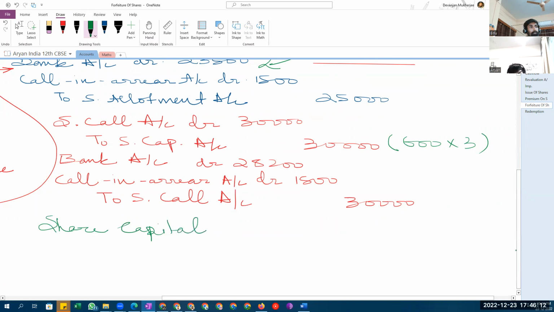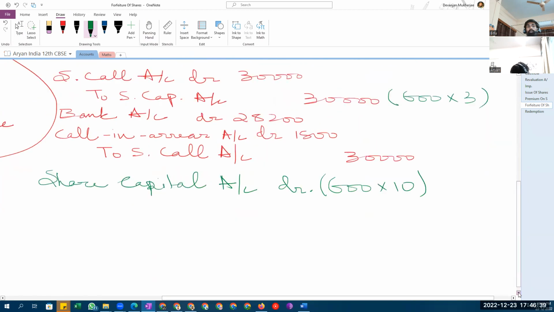Share capital account will now be debited by the exact amount that has been put into the share capital up to the point of forfeiture in the name of the person whose shares are being forfeited. So 600 into 10 will be the amount which will be removed.